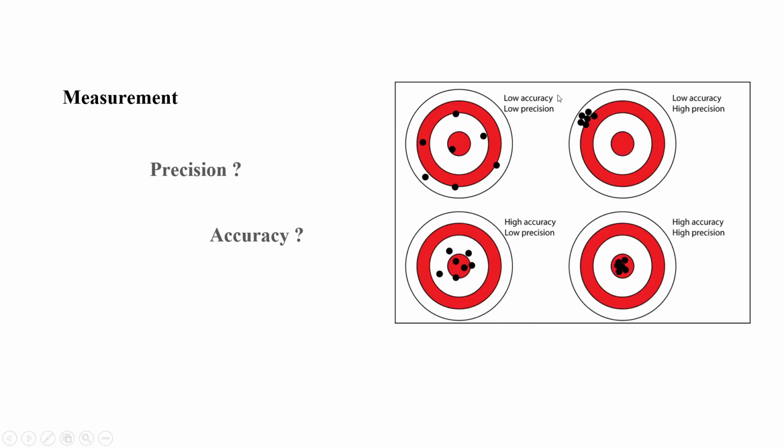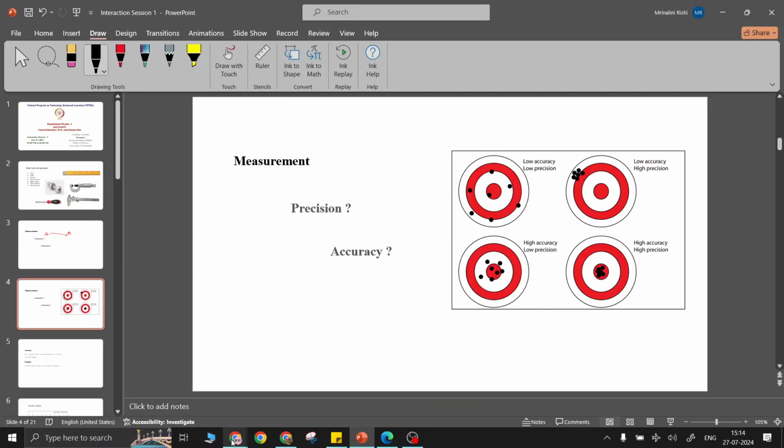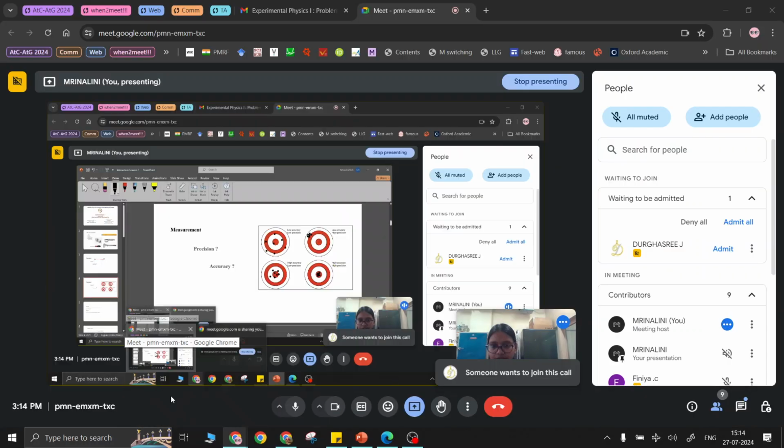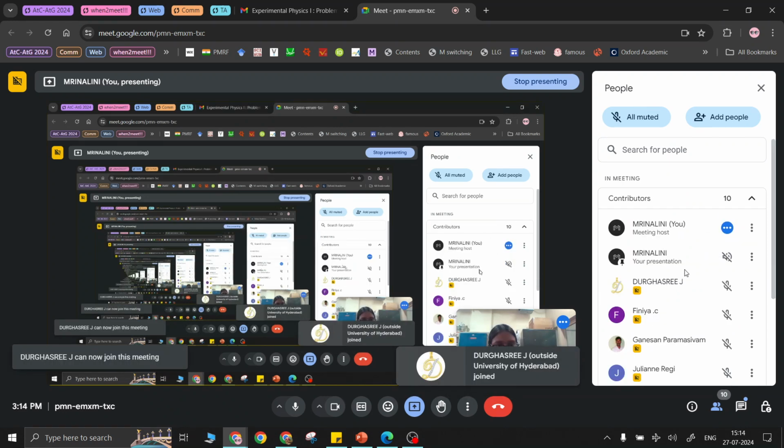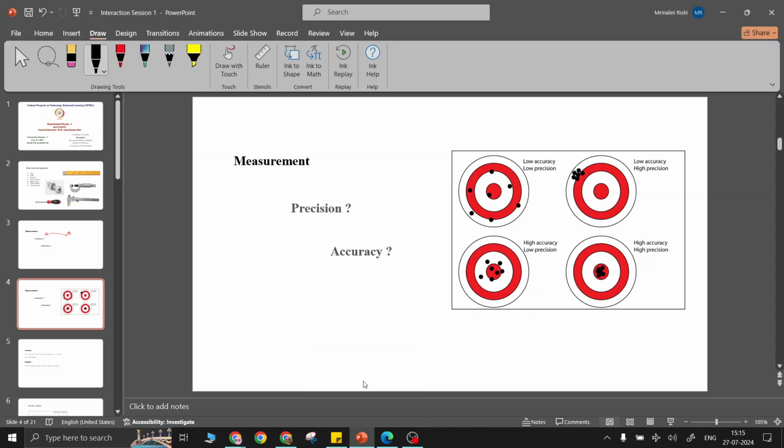This diagram gives us an analogy of what we mean by precision and accuracy. Accuracy tells us how close we are to the true value.